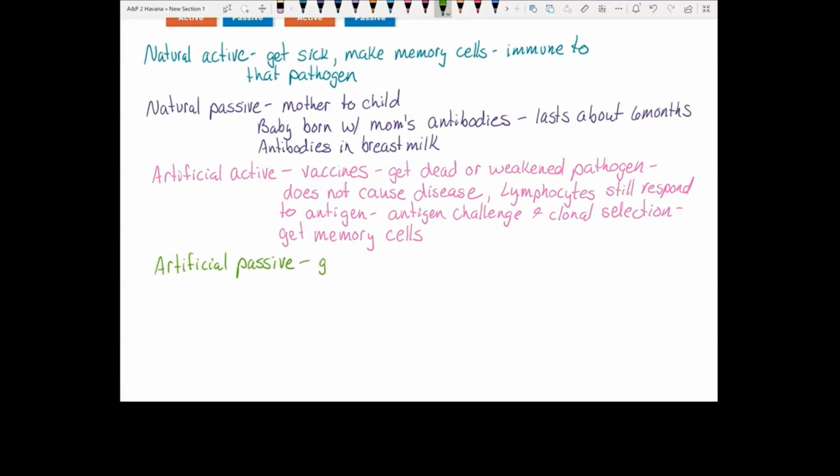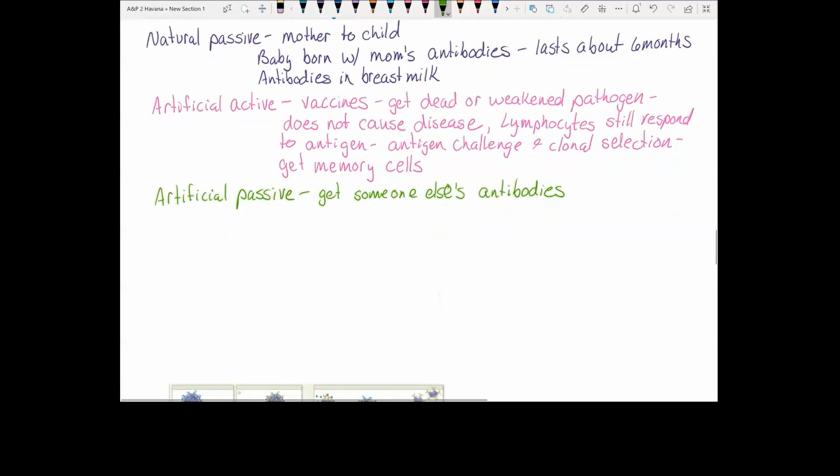In this one, you also get someone else's antibodies. This is typically done with horses, or traditionally done with horses. And this is an example of how antivenom is made. So, for example, you can inject snake venom into a horse.